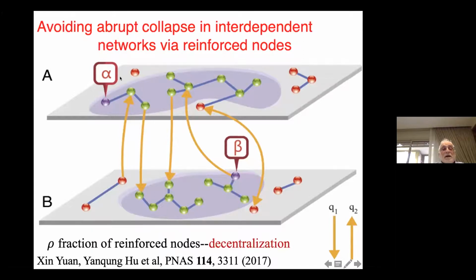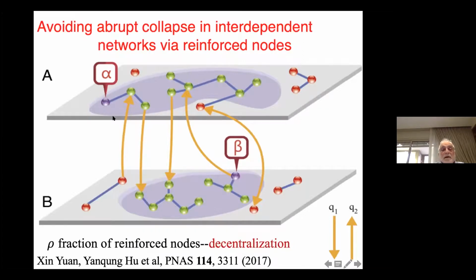Now imagine that I do decentralization. It means I give a small fraction of nodes here another way to connect to the giant component, like another way to have electricity. For example, this node has its own electricity or its own communication, another alternative. If it was not like this, it could not get electricity.